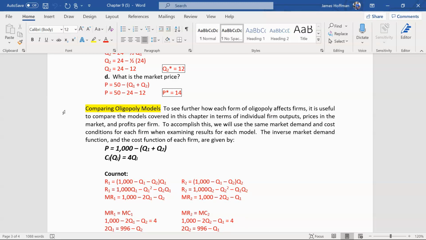And so what we're going to do is look at Cournot for this one, and then solve for the outputs of both firms, the profit of both firms, and then the market price. And we'll do the same thing for both firms from the Stackelberg perspective.